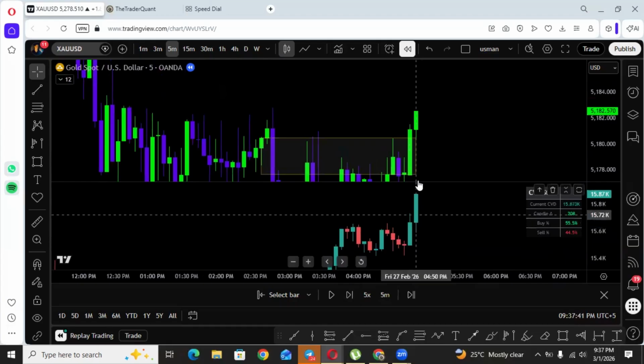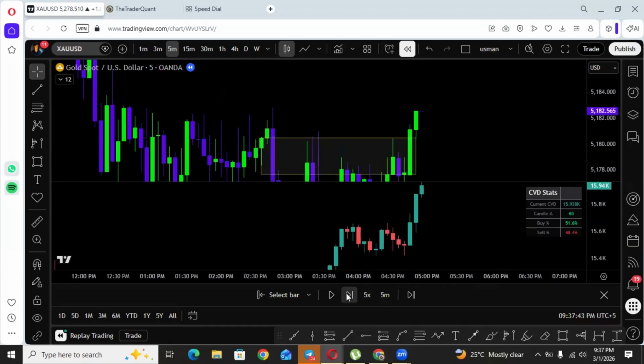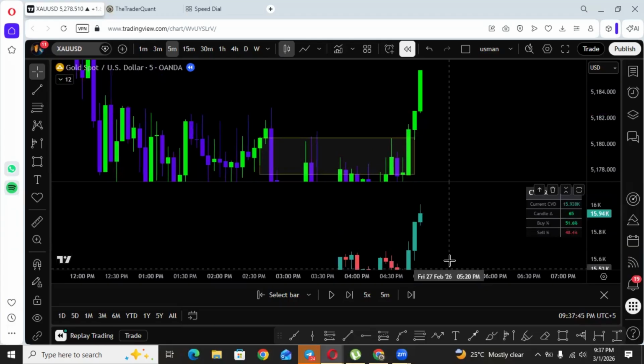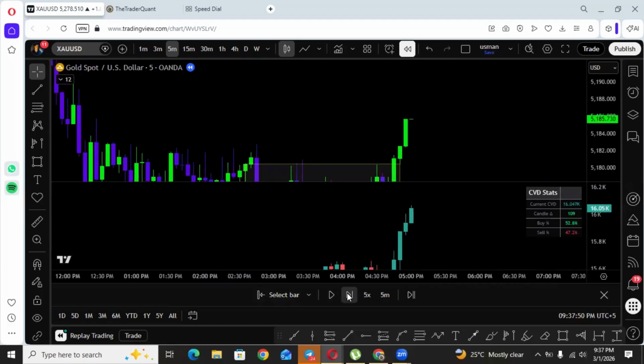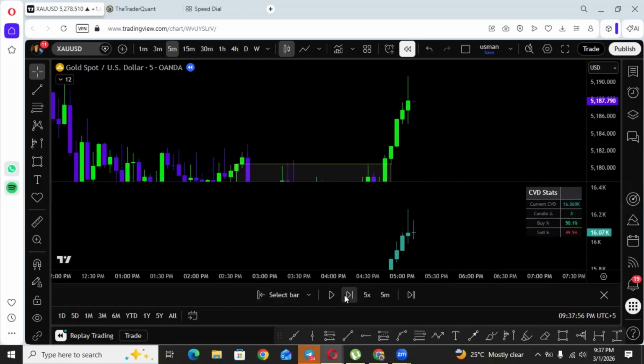Now they are adding buying positions and candles, and the market is following them. Price is going up, following the institutions' orders.